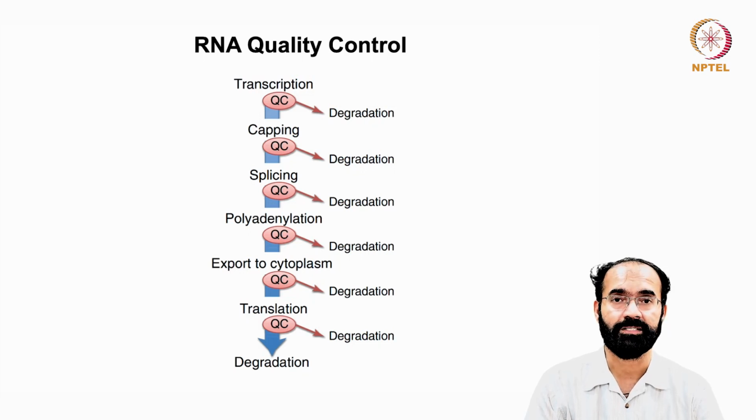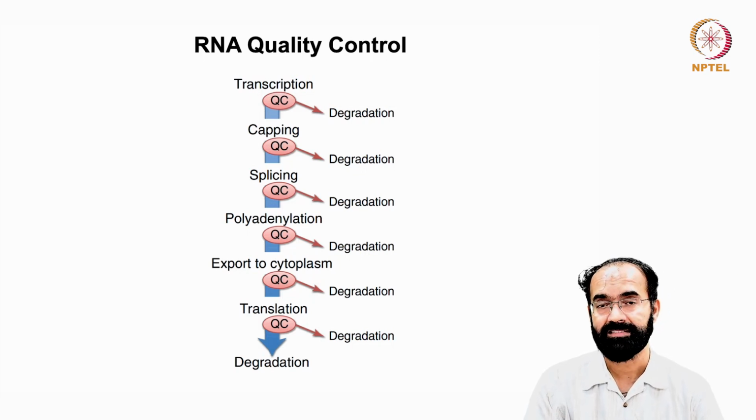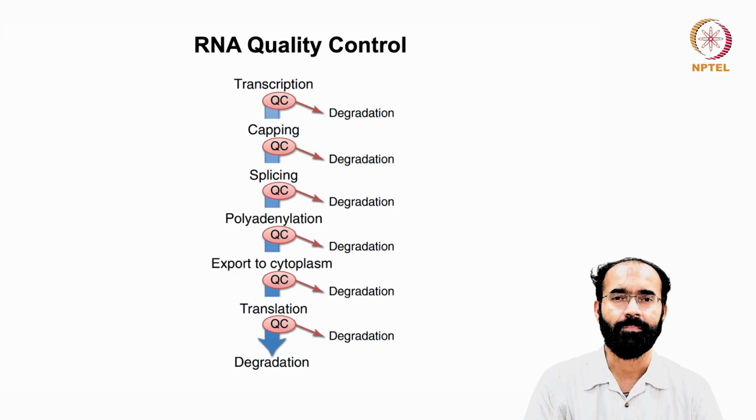Export to the cytoplasm: an RNA that is capped, spliced, polyadenylated, but somehow is not effectively forming the RNP, hence it is failing to get exported, it is lingering, standing here, should be marked for degradation. And translation: an mRNA translating in the cytoplasm sometimes does one round properly, then it detects something is not right, the protein that is formed is not right, and it will be marked for degradation.